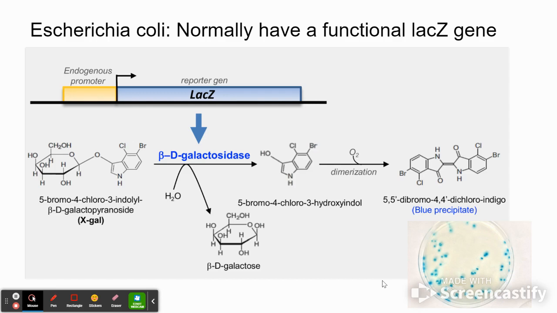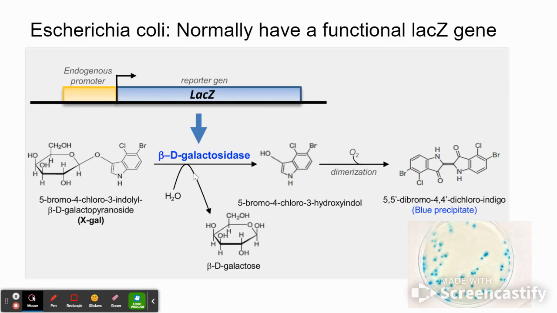E. coli can normally express its LAC-Z gene. It normally has a functional LAC-Z gene. And we often think of the LAC-Z as being in charge of helping digest lactose. But in the case of this lab, we're actually going to be converting a very similar molecule called XGAL. There's its full name.